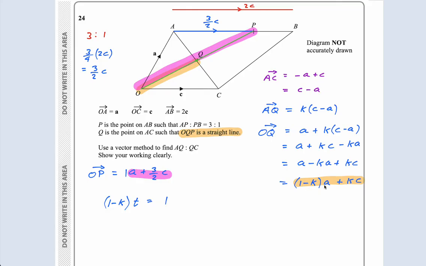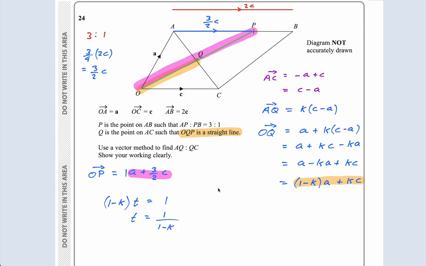That is because the 1 minus k, the coefficient of A, the A component, has to be a multiple of 1. So this times something equals 1. That means t is equal to 1 over 1 minus k.